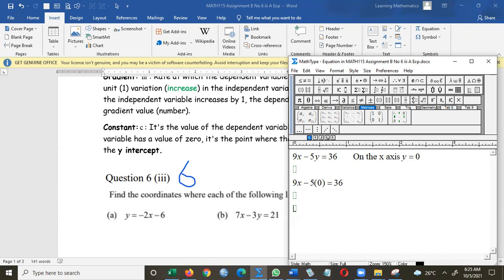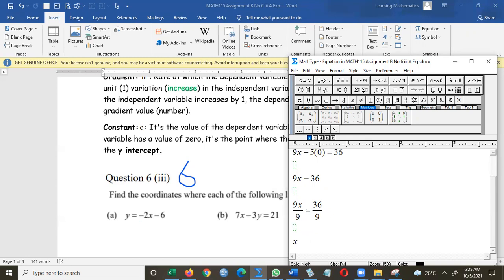So what we end up left with is 9x minus 5 times 0 is 0. So this cancels out, and we just divide by 9 to cancel out the 9 because we're solving for 1x. So the 9 divided by 9 will give us 1.